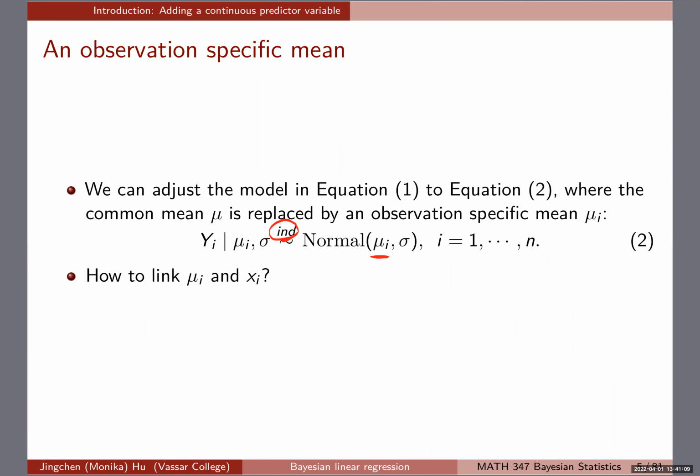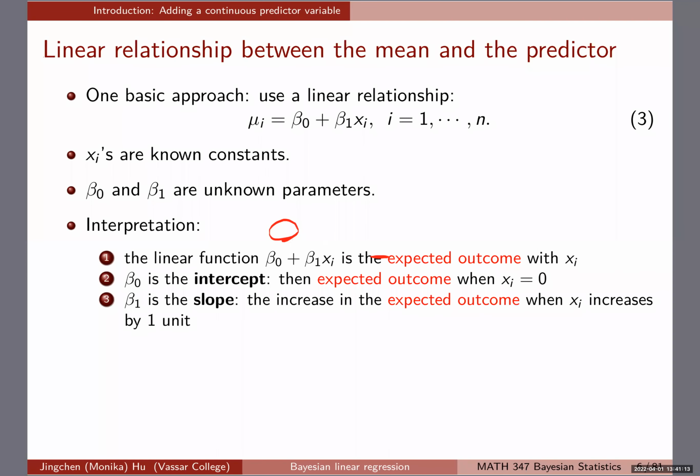And like I said, if you have seen regression in the past, this should be overall familiar to some degree as well. So for mu i, we're going to have a linear relationship. We have mu i equals an intercept, and we use beta 0 because in the Bayesian context, we think this is unknown.